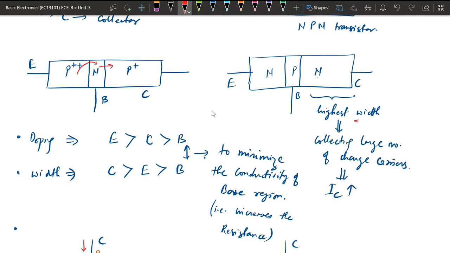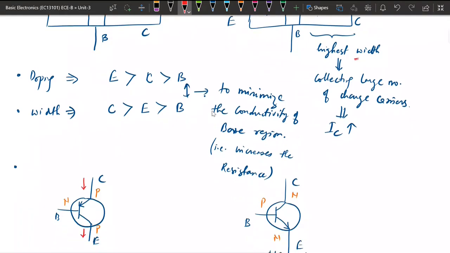If the base current is 0, that is the ideal case. So we minimize the base current by light doping and by reducing the width of the base region.